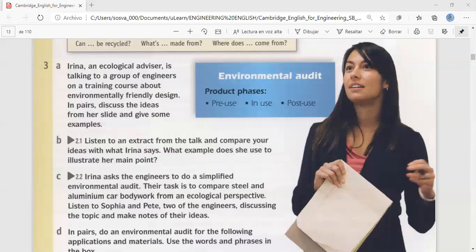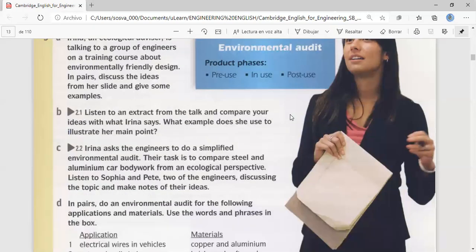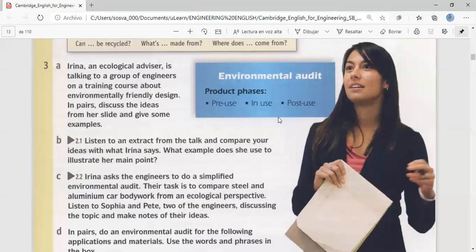2.1. Yes, that one. The only way to assess the environmental impact of a given material properly is to carry out an environmental audit and analyze the total impact of that material on the environment. I emphasize total impact because it's all too easy to judge materials and products on single aspects of their ecological impact.